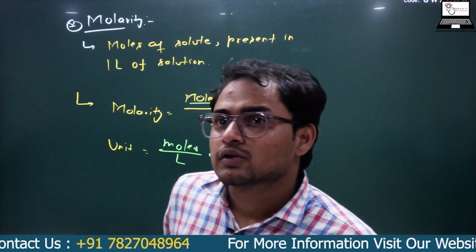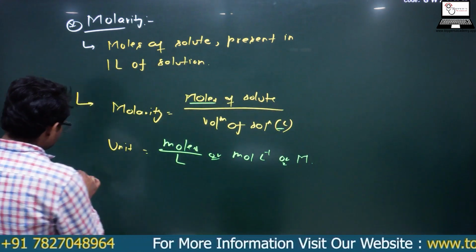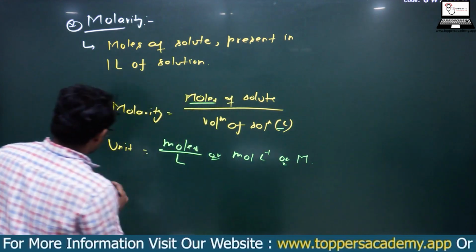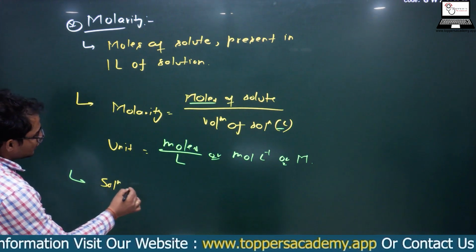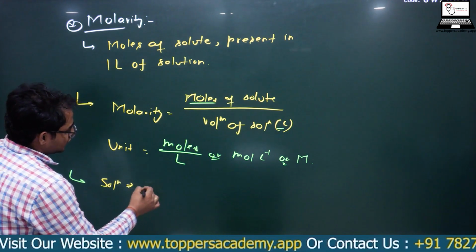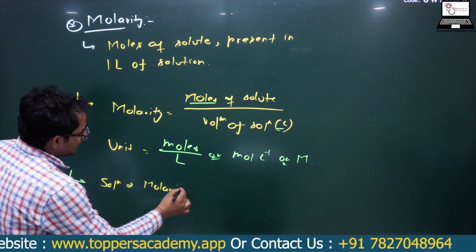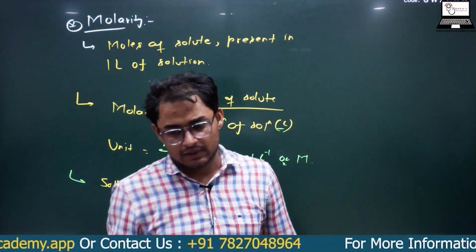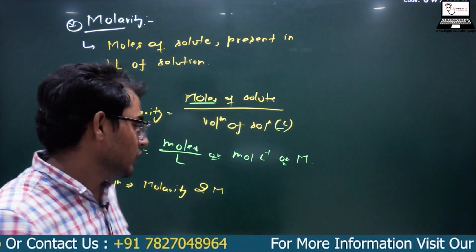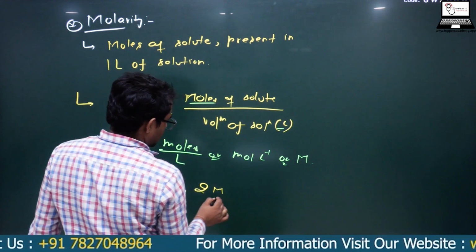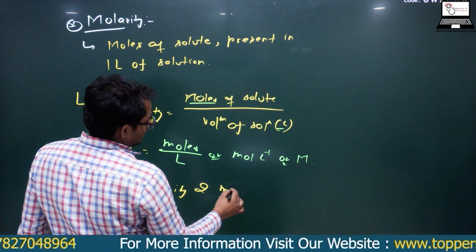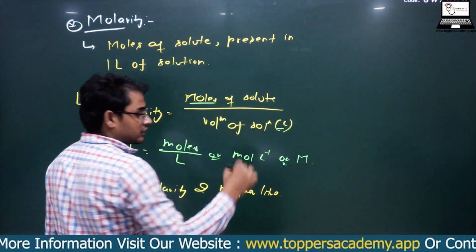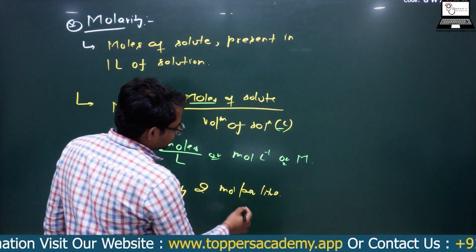All have the same meaning. So listen, what is the information we are going to have from this expression? Listen, there is a solution whose molarity is given as 2 mole per liter, 2 capital M, or 2 mole liter inverse. So I am going to write 2 mole per liter. What is the meaning of this per?